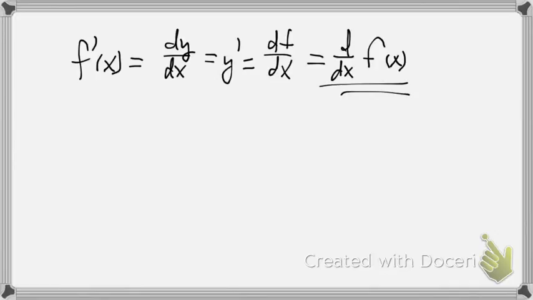Now, this last one is not one we're actually going to see in terms of how we write the derivative, but it's good to note that d/dx is an operator. Right? Like a plus sign is an operator. What does a plus sign do? It adds. What does a division sign do? It divides. What does d/dx do? It does the derivative, which we call differentiates or finds the derivative. All right?